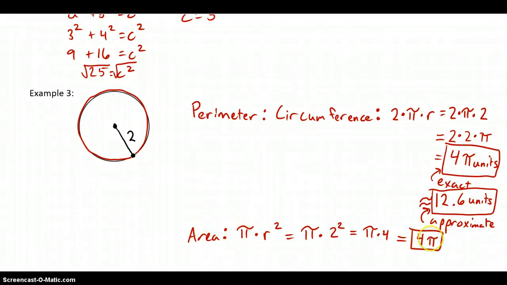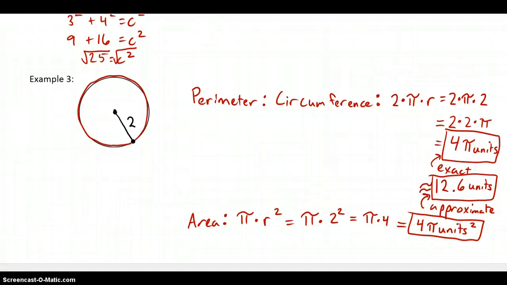So the exact area is 4 pi units squared. This is the exact answer. If I want to find the approximate answer, I can use my calculator and round. And I've already done that in the perimeter. If you notice, the area and the perimeter are the same measurement. They're not the same unit, but they're the same measure.